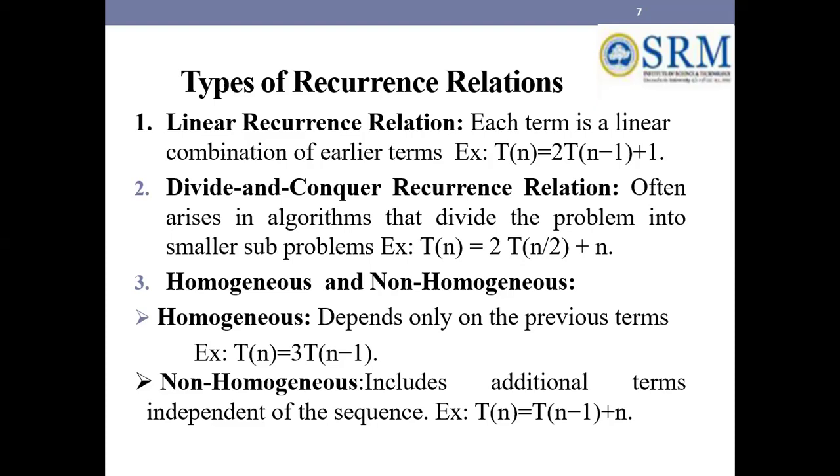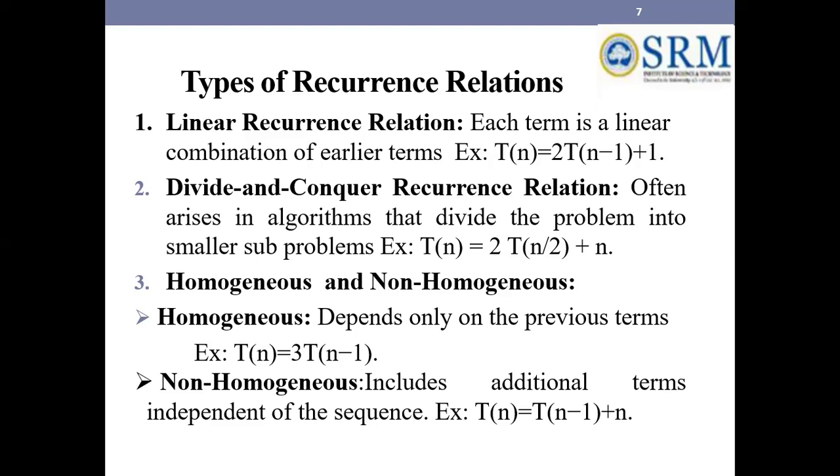And what is divide and conquer? The problem is divided into a number of subproblems. It can be two subproblems or three subproblems. That is, T of n is equal to a T of n by 2. The problem can be divided into a number of subproblems, and T of n by 2 is for each subproblem, where the size is divided by 2, or by 3, or by 4.